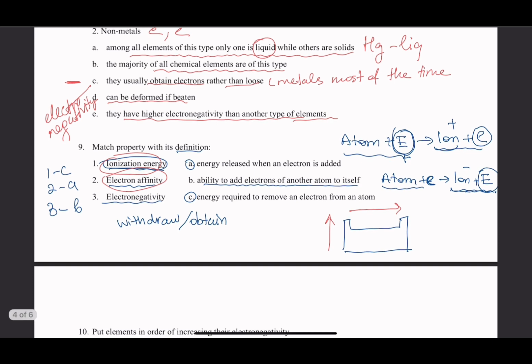Ionization energy, electron affinity, electronegativity, they all increase as you go from bottom to top and left to right. This is very important. You need to memorize this.